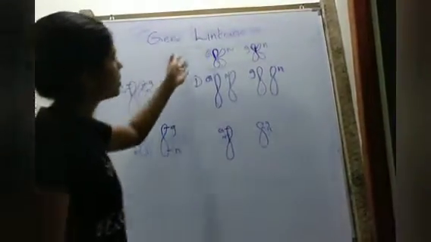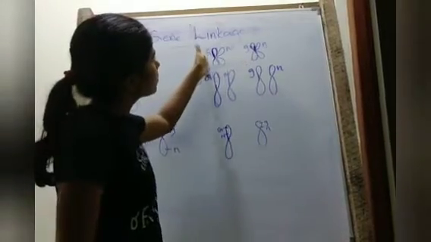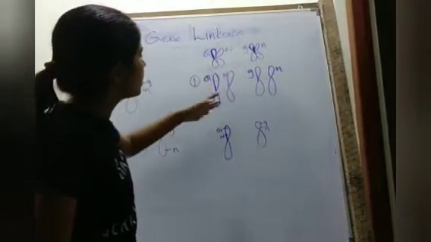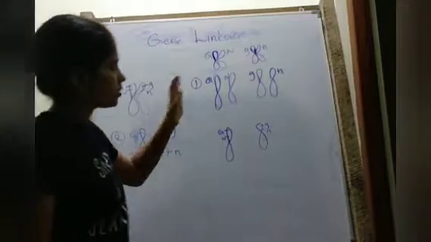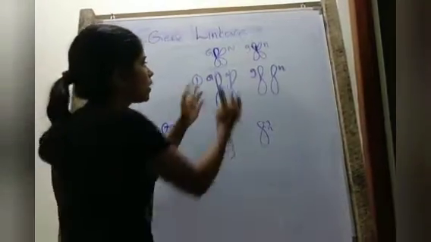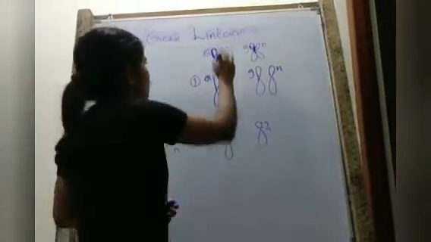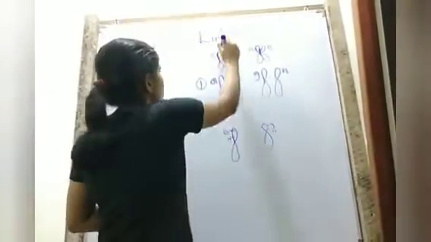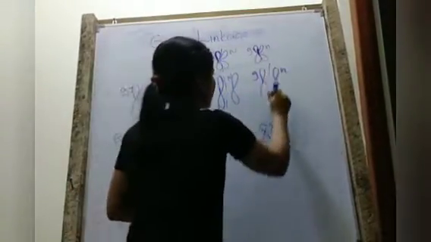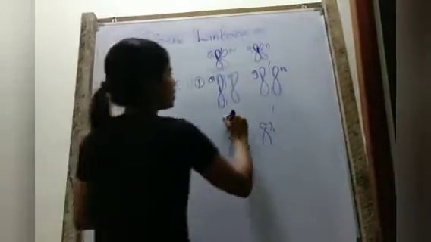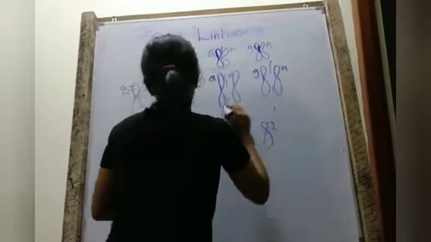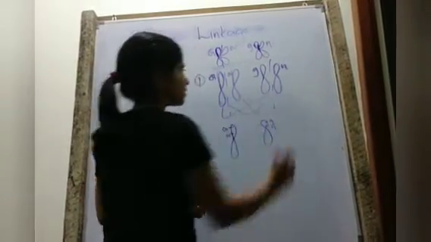Let's consider an instance where 2 genes are located on 2 different chromosomes. Here there's no difficulty for independent assortment. In gamete formation, chromatids get separated and then independent assortment can occur like this, like this, like this and like this.